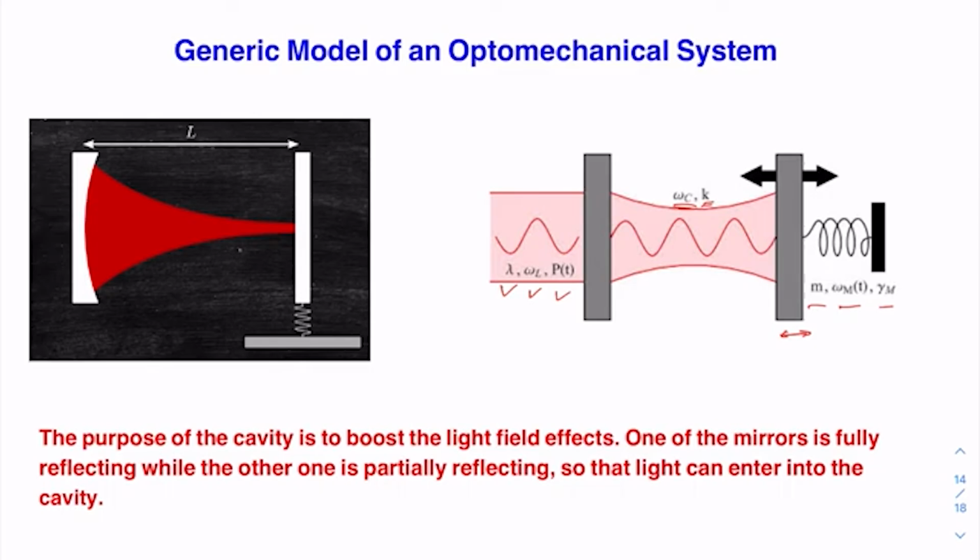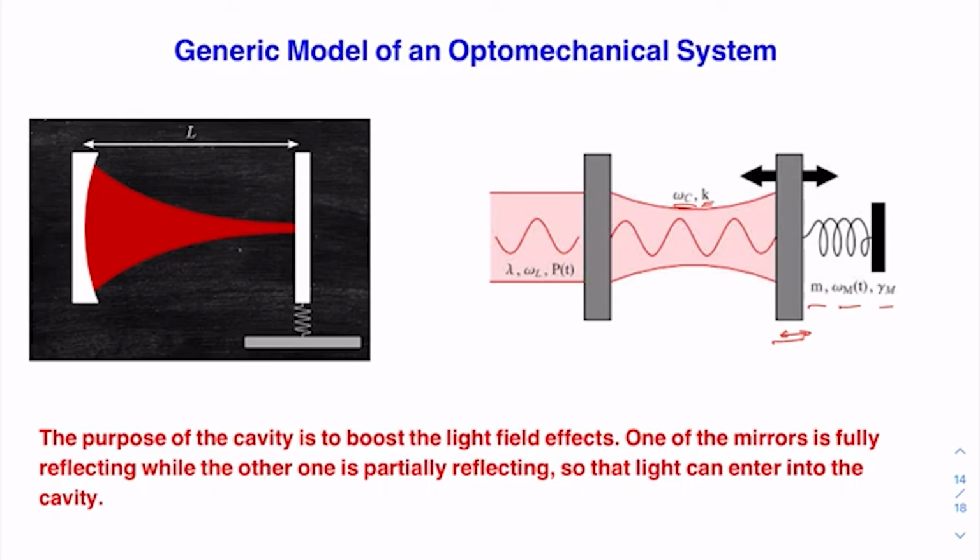The purpose of the cavity is to boost the light field effects, and one of the mirrors is fully reflecting, this one, say, while the other one is partially reflecting, so that light can enter into the cavity. Now there is a certain condition that has to be satisfied for light to enter into the cavity, and to understand that, we need to revisit the Fabry-Perot cavity.